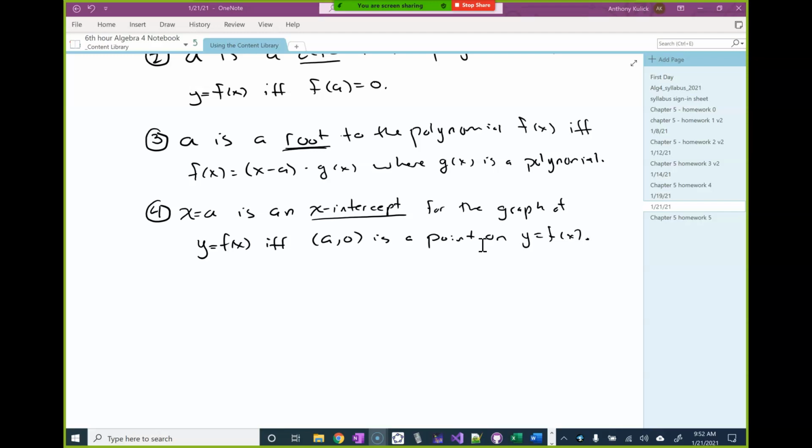And then because these four things are all kind of related, we can use those x-intercepts as potential factors to do our polynomial division with. Everybody's okay with that notion? Now, what's the catch here? Let's summarize this.